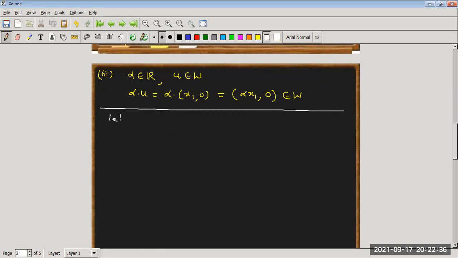So let U is equal to (x1, 0). We have already defined U and V. This belongs to W, and V is equal to (x2, 0).